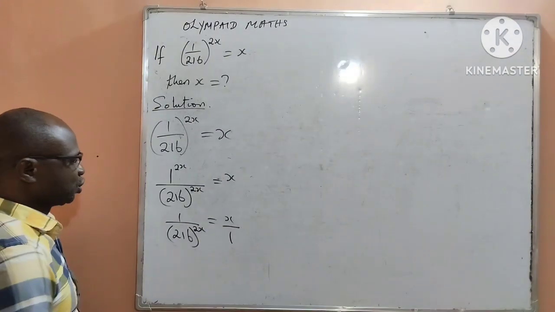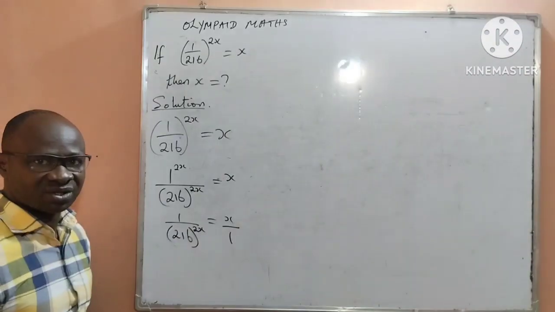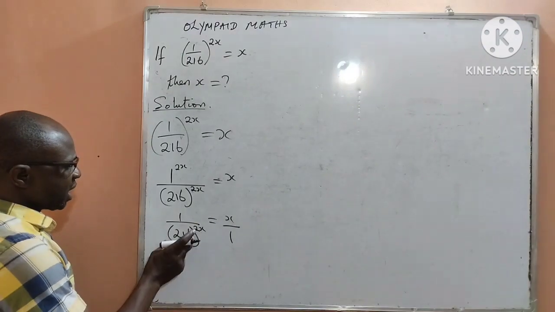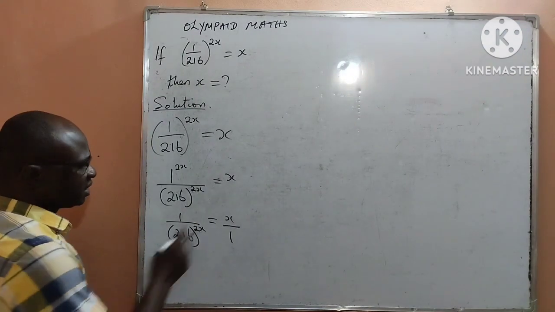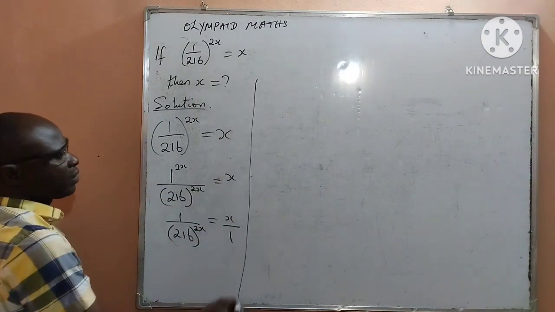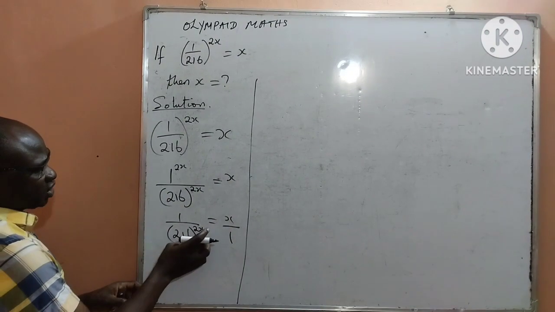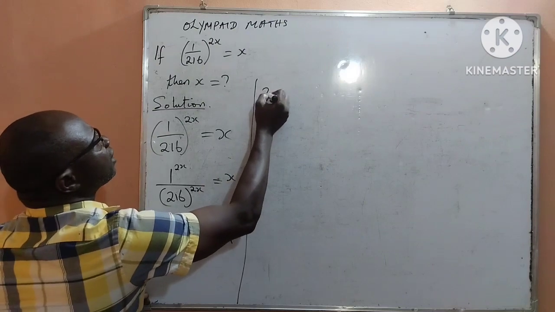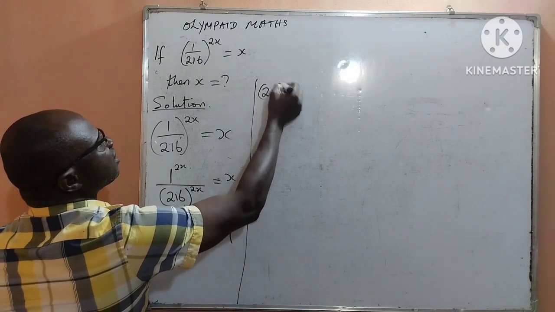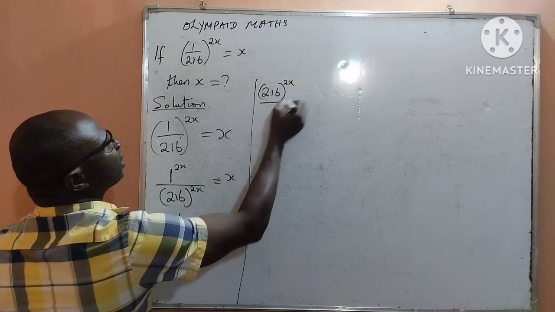Alright, I can write x as x over 1. Now what I will do is take the reciprocal of both sides. That means I will take the inverse of the left hand side and the right hand side. The reciprocal of (1/216)^(2x) will now be 216^(2x) over 1.